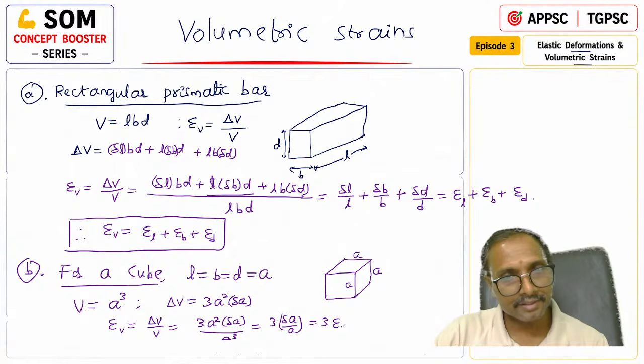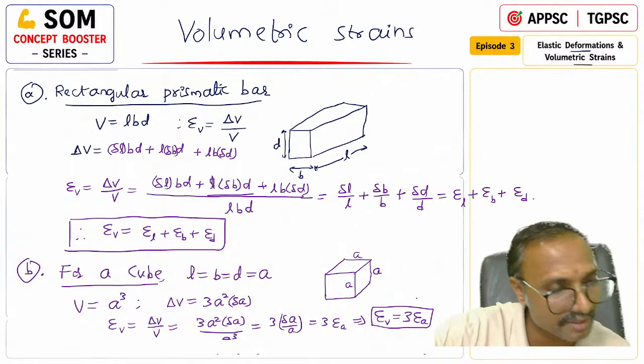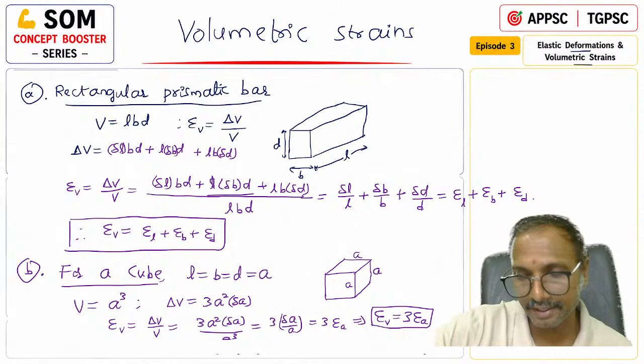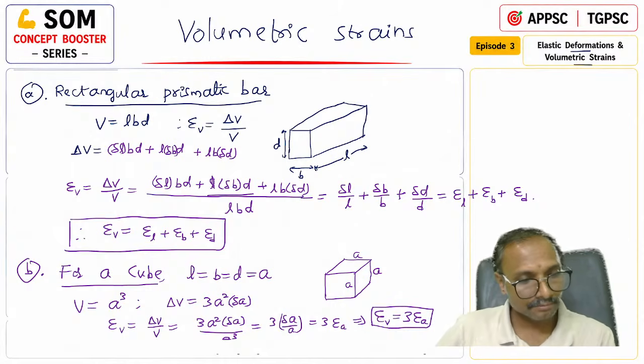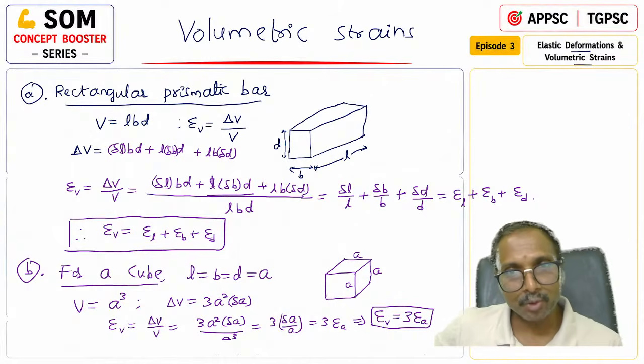Strain in side A. So volumetric strain will be equal to 3 times the strain in one side. Is that clear, everyone? For a cube, how we are getting this?